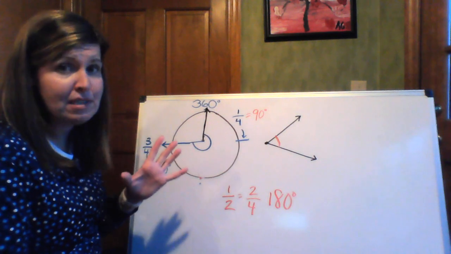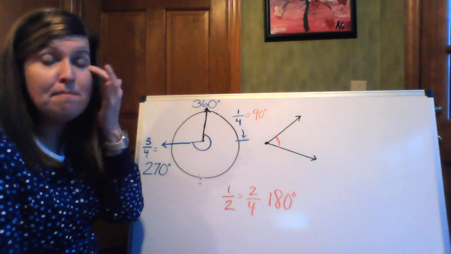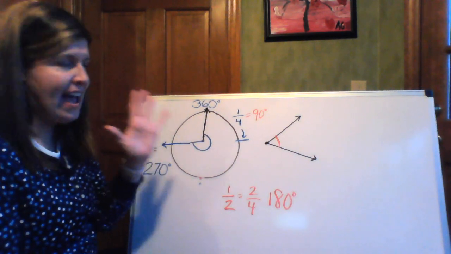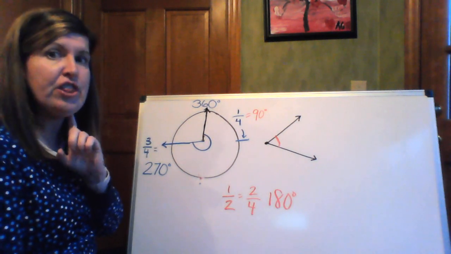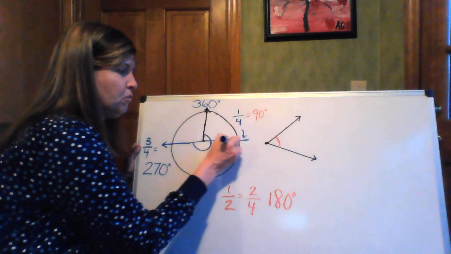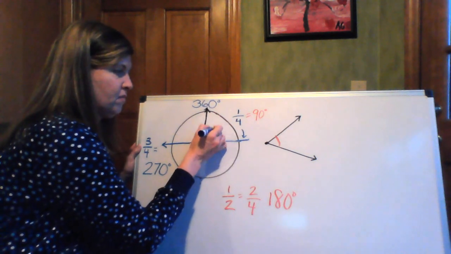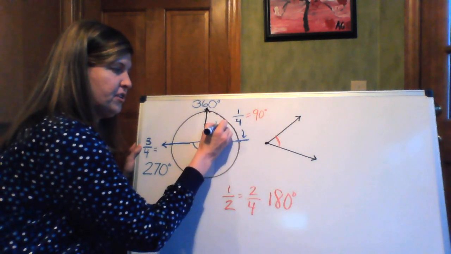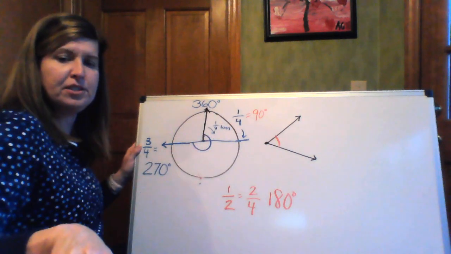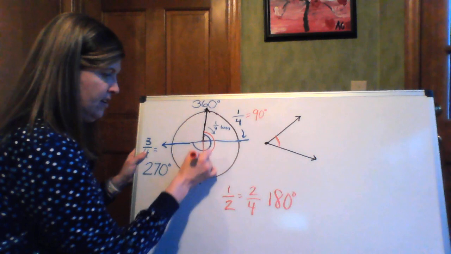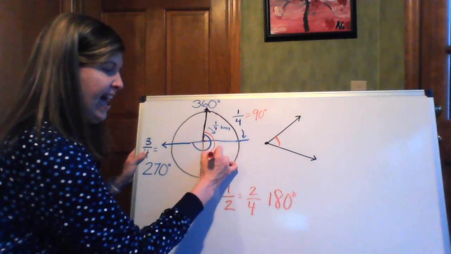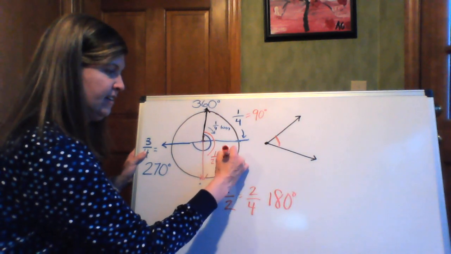Now I know this is a bit confusing and it is going to become much clearer as we do this. But what I want you to focus on is the turns. So this would be 1/4 turn. I'm going to do it in a different color. The red to this ray would be 1/2 of a turn.